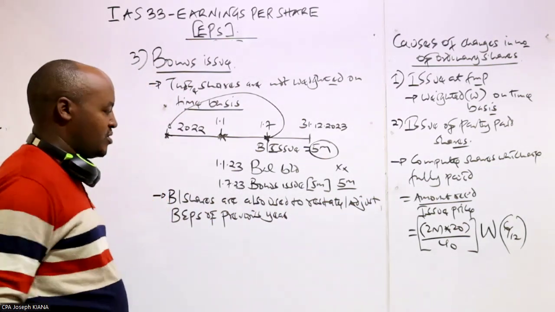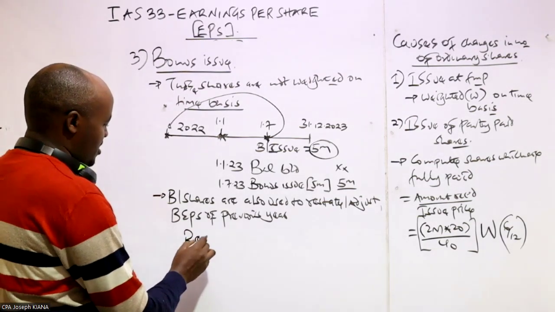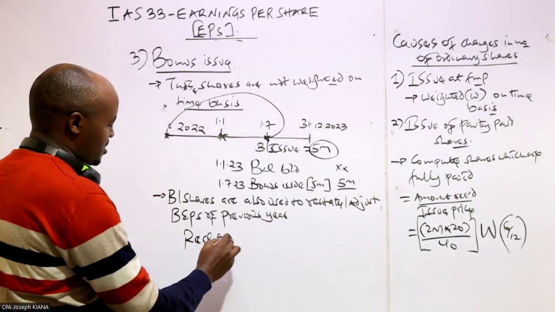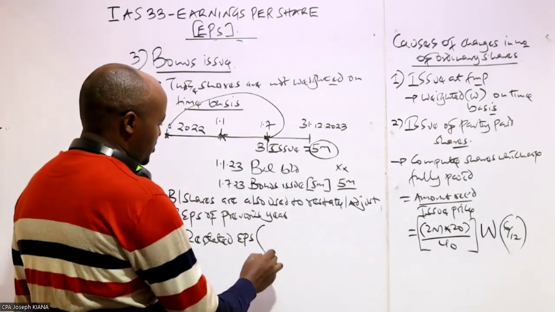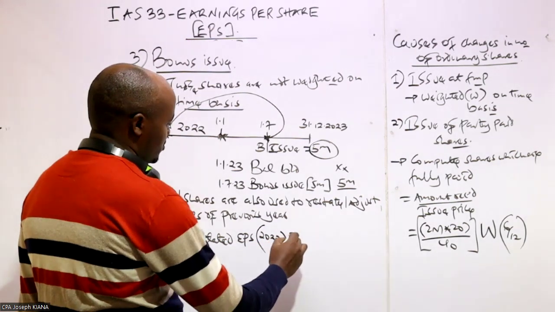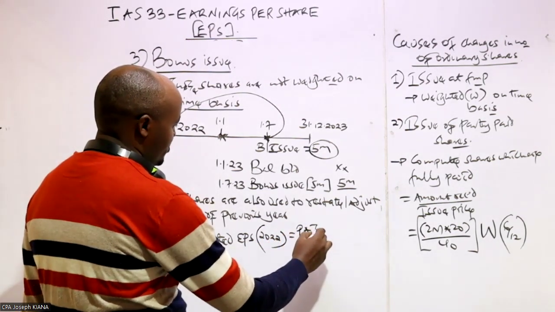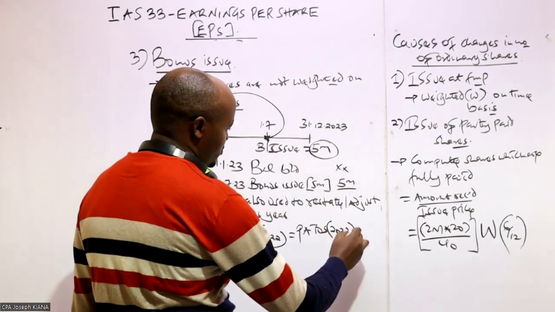So how do we restate that basic earnings per share for the previous year? To compute the restated earnings per share for the previous year, which now will be the year 2022, we take the PATOS, the profit attributable to ordinary shareholders for 2022.